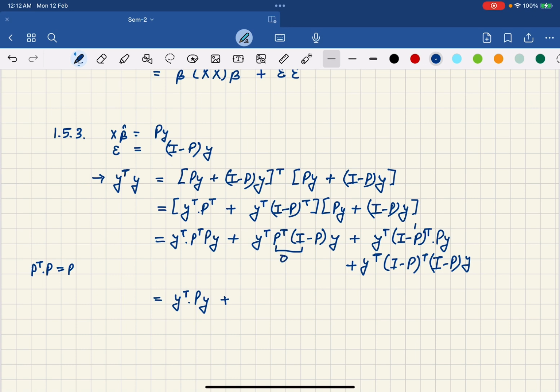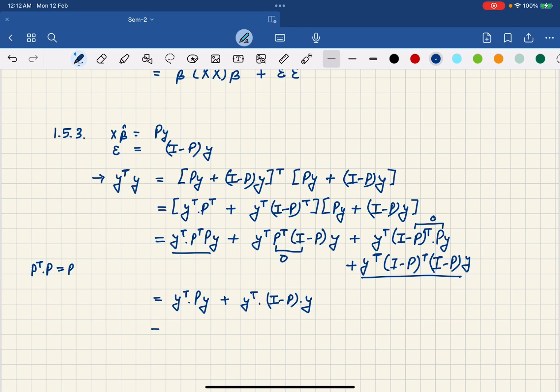Okay, so both of these cross terms become 0. So you are left with the first term and the last term. And your last term becomes y transpose times (I minus P) times y.